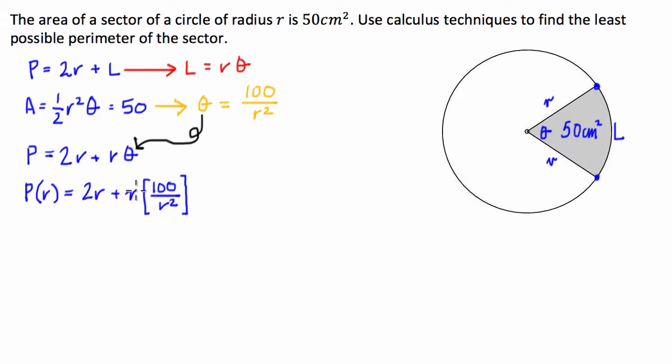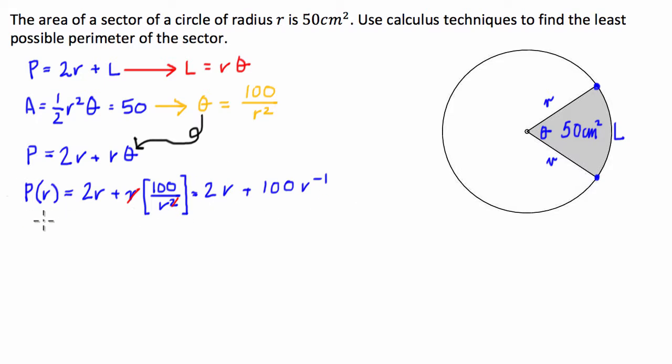We can cancel out one of the r's with the base, and move the remaining r into the numerator so it's easier to differentiate, and we get perimeter is equal to 2r plus 100 r to the power of -1. I'm assuming you know the index laws associated with moving that r up to the numerator. So now I've got my perimeter in terms of radius.